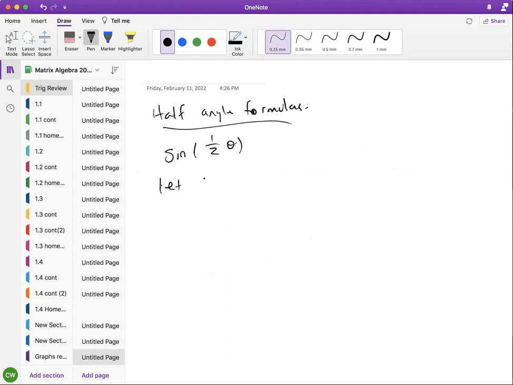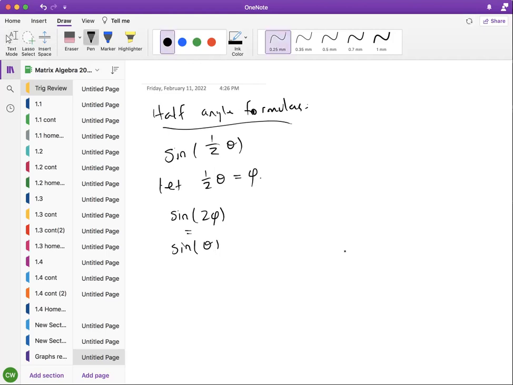If you said let 1/2 theta equal phi, then sine of 2 phi is the same as sine of theta.